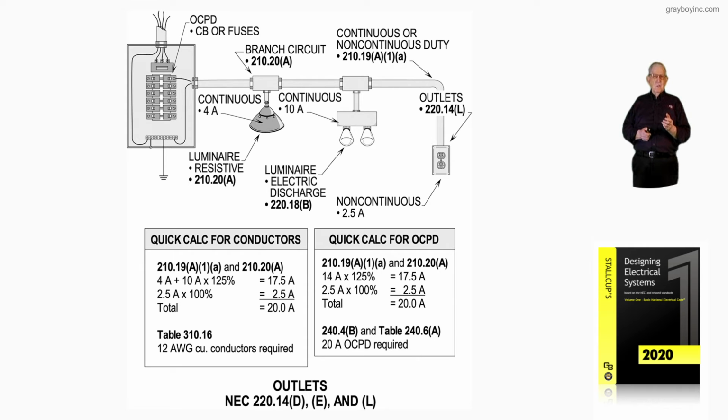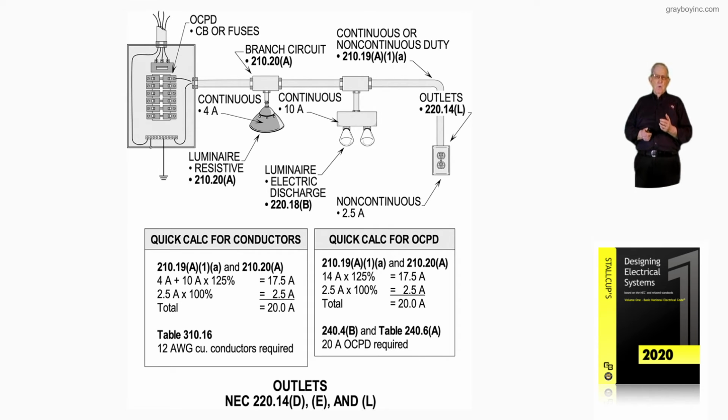They would not be used at the same time for 3 hours or more, as identified in Article 100 for continuous duty and operation. We come up with 2.5. Adding that up is 20 amps. Now notice, by taking the 125% for continuous and derating the breaker 80% loading and adding the non-continuous load, we could use a 20 amp device. But if you use the 80% rule, you probably couldn't use a 20.